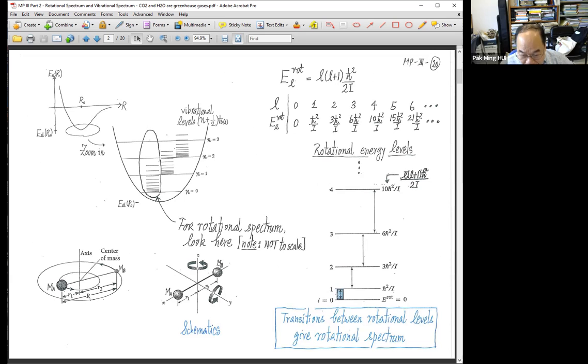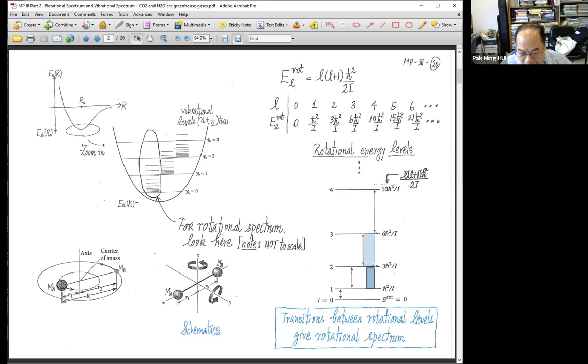So you have this difference, and then that looks bigger. This looks bigger and bigger, all right? It's L times L plus 1 for the energy levels, but what are the differences? Very interestingly, this minus that is h bar squared over I, okay? And then you have 3 of this minus 1 of this. This is double that energy.